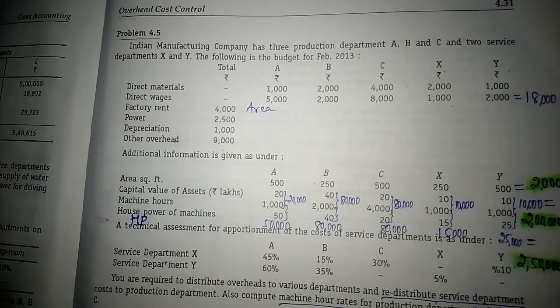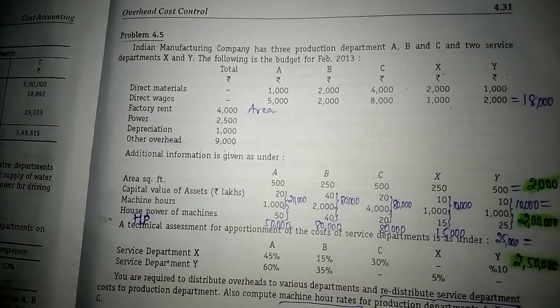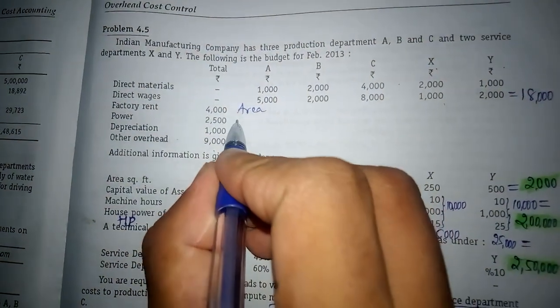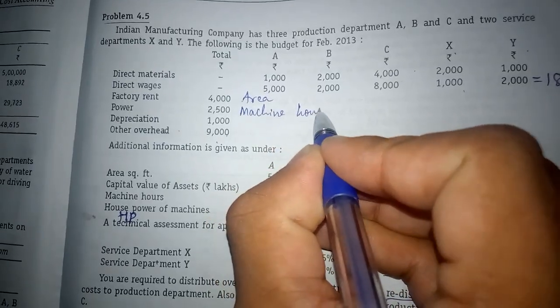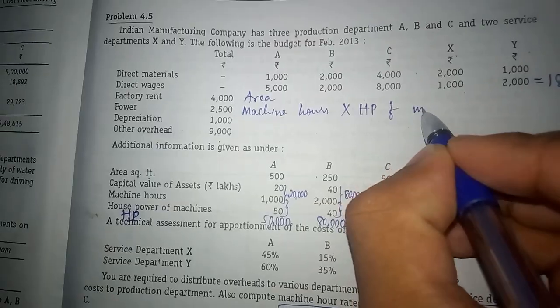So we are supposed to distribute power expenses to the production departments and service departments in such a way that machine hours into HP of machine.